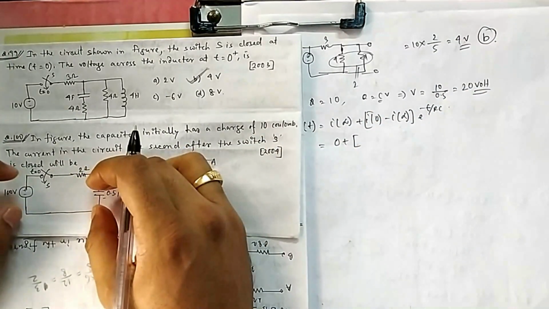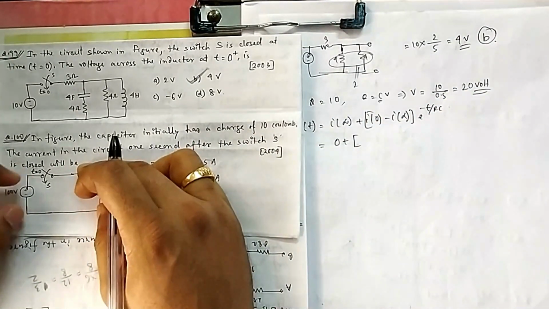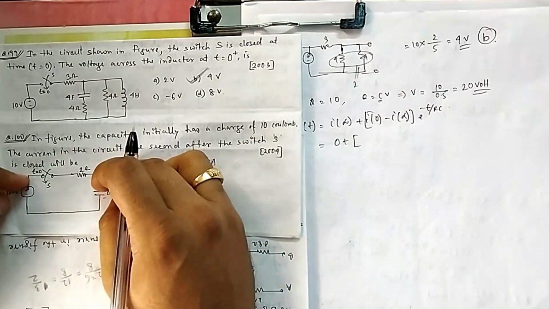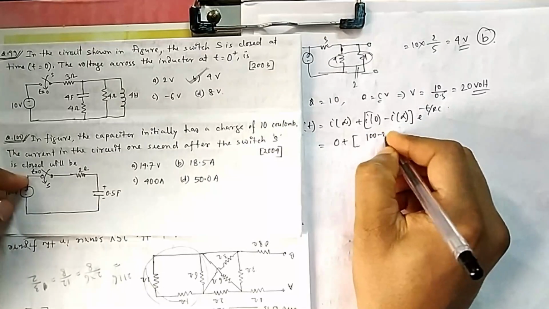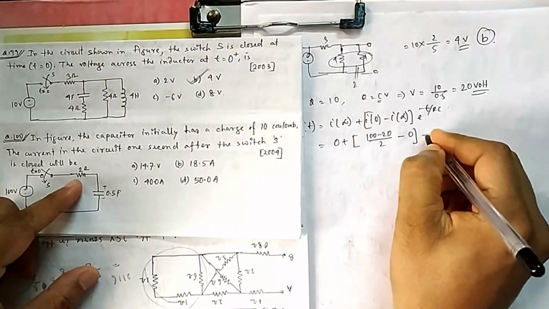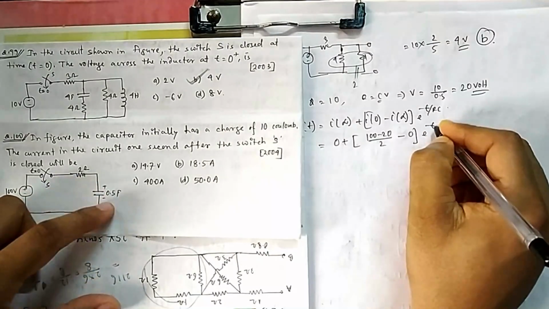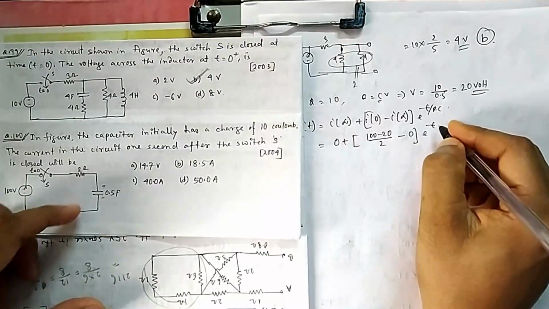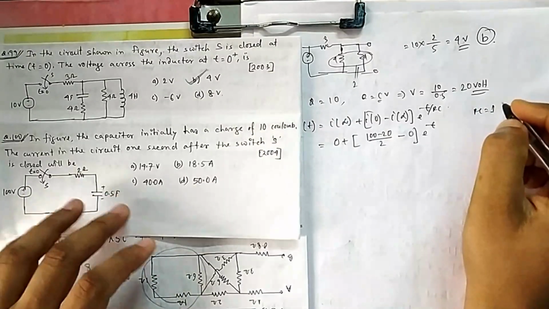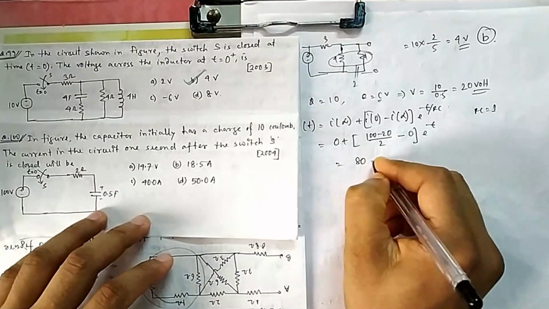So when you switched on, it is 100, it is 20. So the voltage across 2 will be 100 minus 20, plus 100 minus plus 20, divided by R, that is 2. This is initial. Final is again 0, to the power minus t by R and C. RC is here 1, product of these two. So it will be 80 to the power minus t.